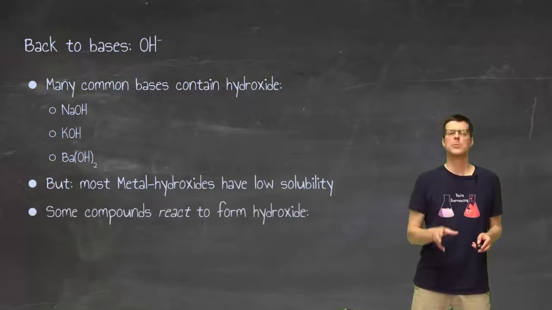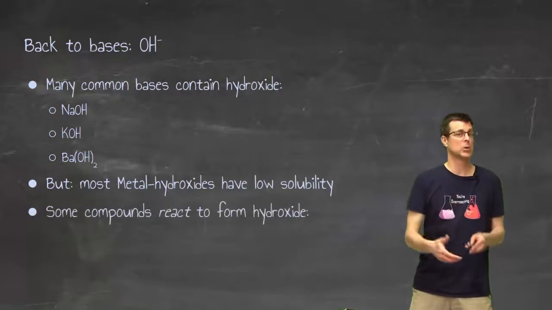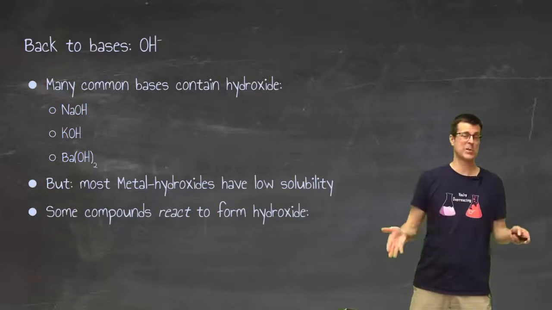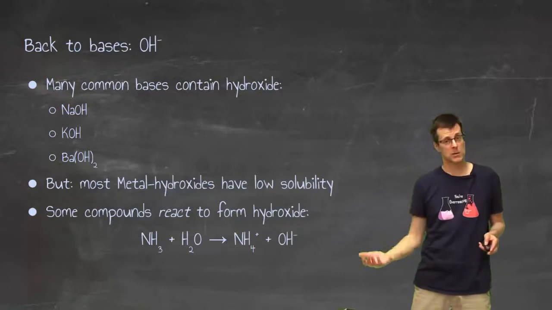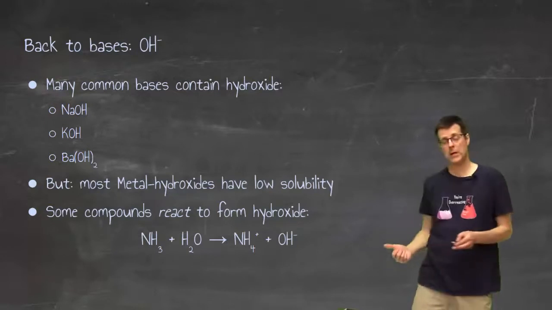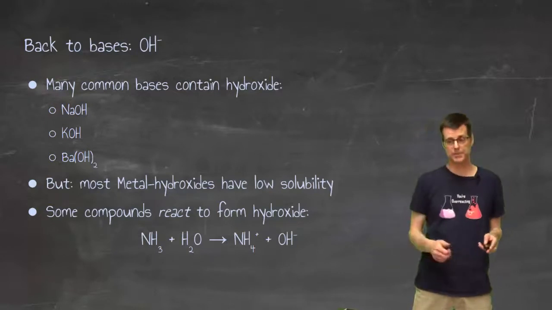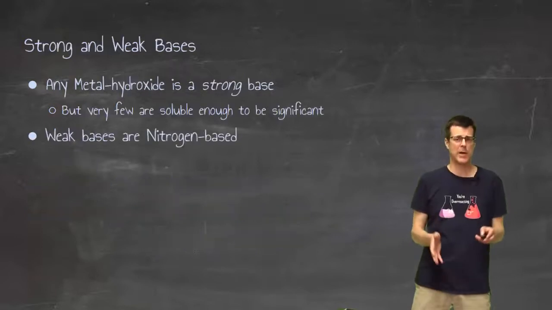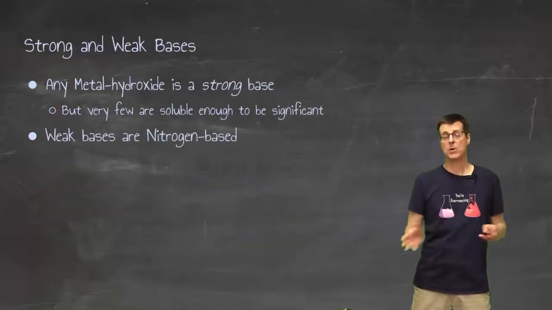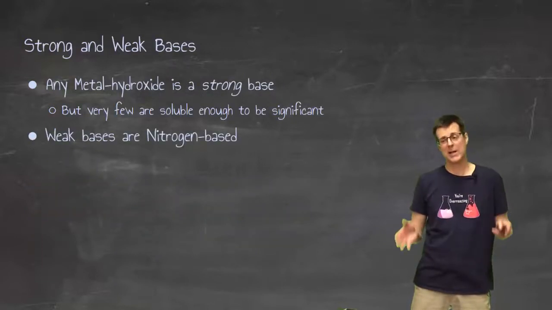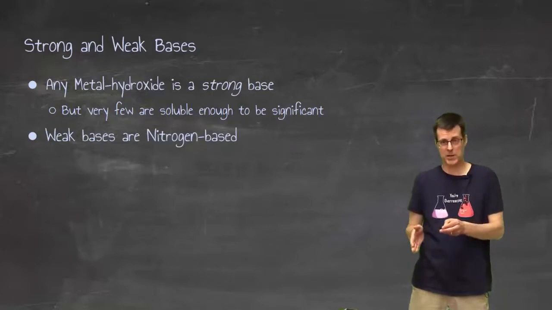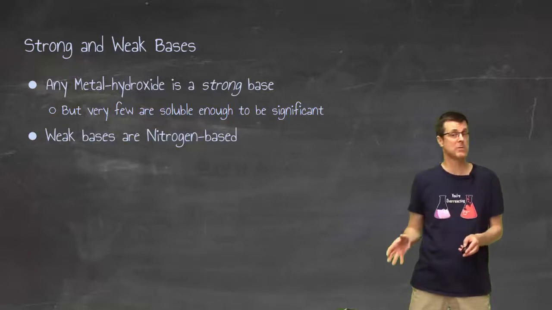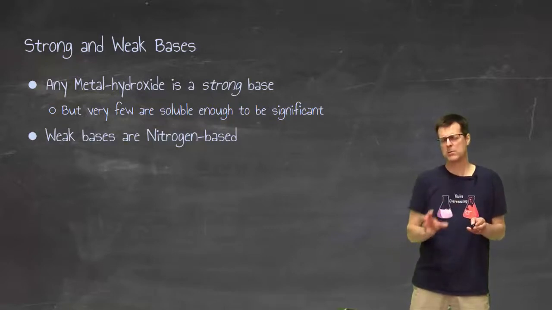But there are also compounds that don't start out looking like they'll be bases because they don't contain hydroxide, but then they do react to form hydroxide ions. So in the case of ammonia, okay, it can do that. So you can have strong and weak bases as well. Now for us, the strong bases are going to be metal hydroxides, keeping in mind that some of them don't dissolve real well, so it's a really small list.